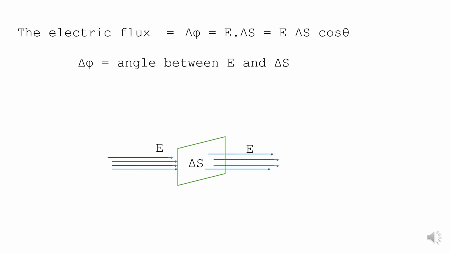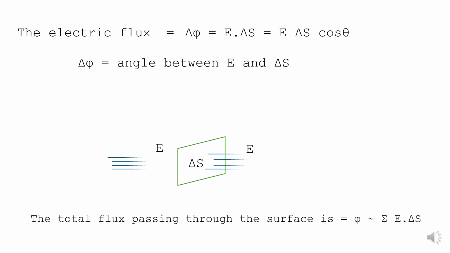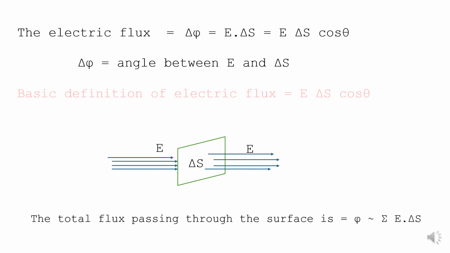You can see here the angle is the angle between E and dS. So the electric flux calculation, a simple formula, is nothing but electric field lines into surface area multiplied by the cosine of the angle. The total flux passing through the surface, you can see here, is the electric field lines into surface.